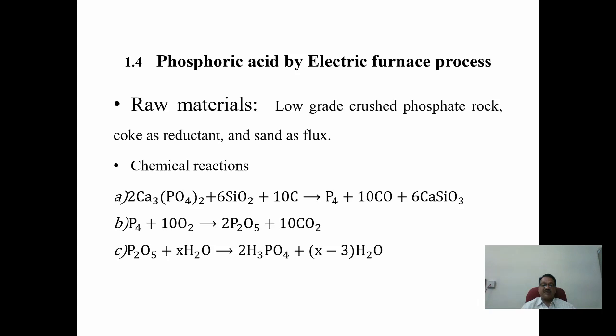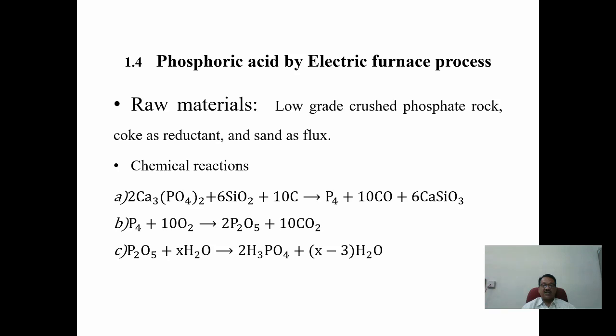The phosphorus vapors produced are condensed to yellow phosphorus and stored under water, because if you take the yellow phosphorus out of the water bath, it catches fire at room temperature. This yellow phosphorus is then further oxidized in the presence of oxygen to phosphorus pentoxide, and it produces carbon dioxide also.